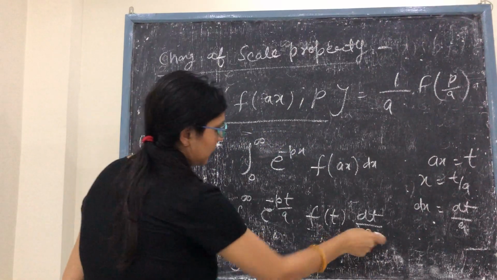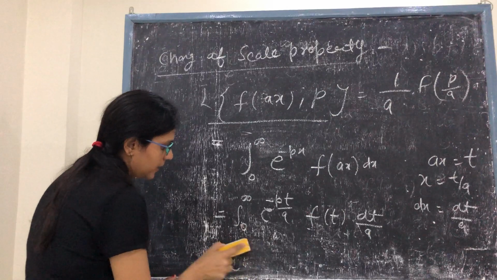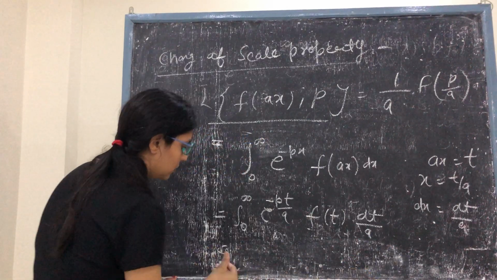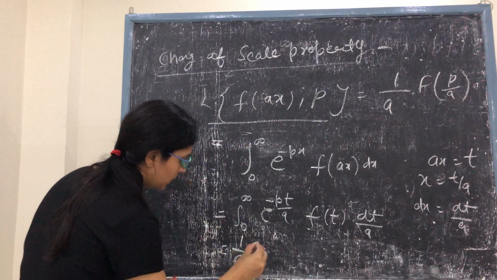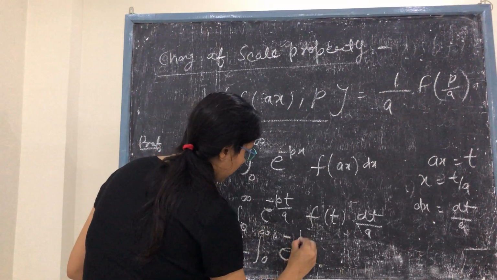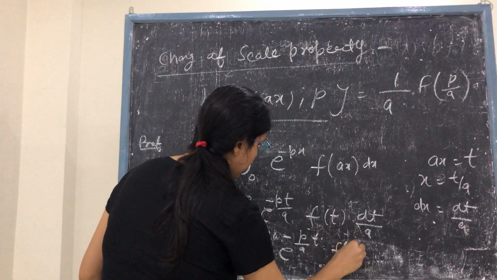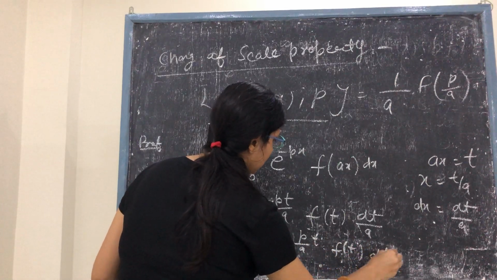Now a is independent of t, so it can come outside the integral sign. It is 1 by a times the integral from 0 to infinity of e to the power minus p over a times t, f of t dt.